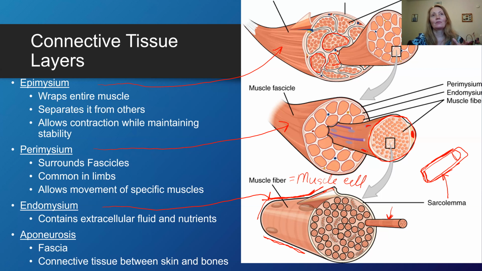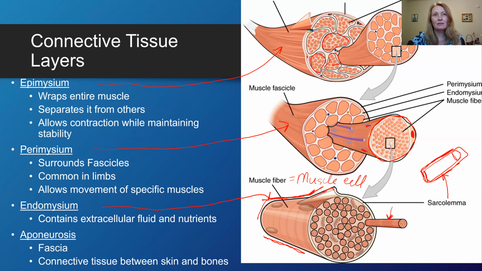They can be connected to your bones by tendons, or they can be connected to aponeurosis, like the abdominal aponeurosis, where we have several muscles of the abdomen connected.